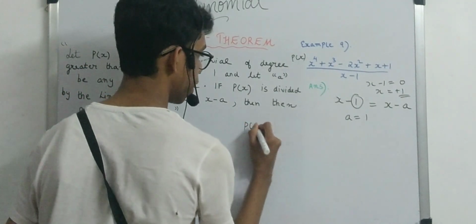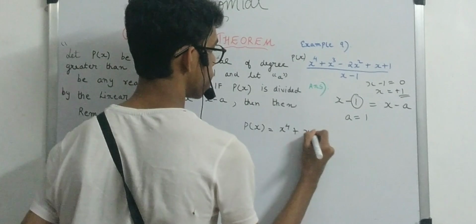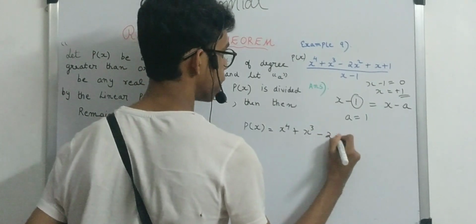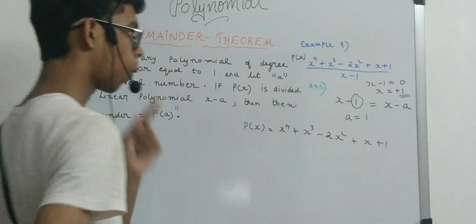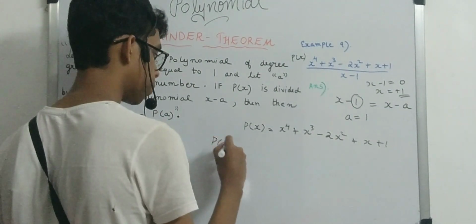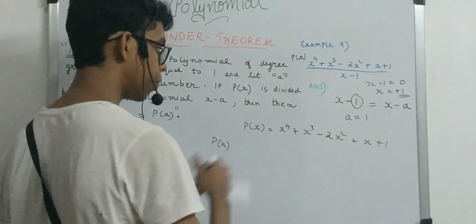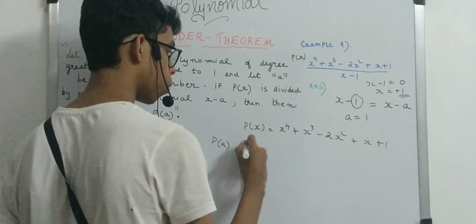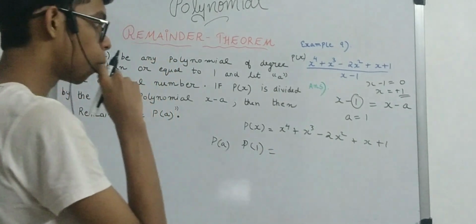So we have p of x is equal to x raised to 4 plus 3x cube minus 2x square plus x plus 1. Now what should we do? We have to find p of a, isn't it? Now what is the value of a given to you? 1. We found the value of a as 1. So we have to do p of 1.